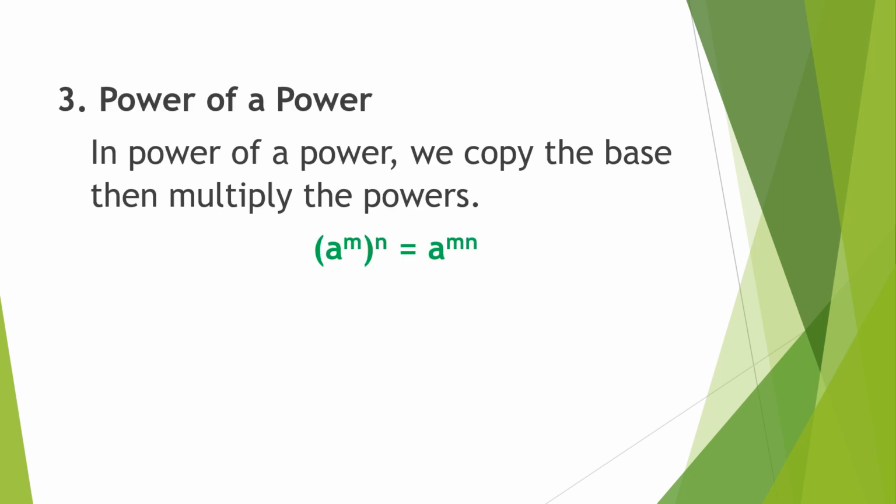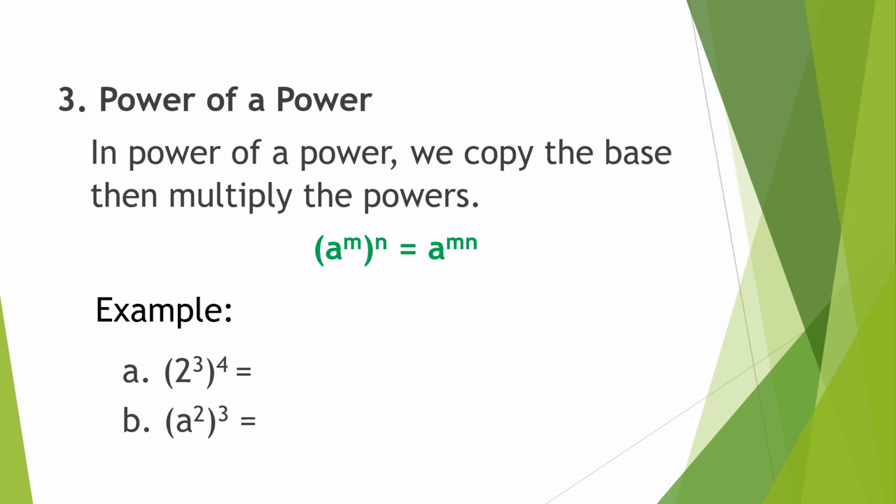Number 3. Power of a power. In power of a power, we copy the base, then multiply the powers. The quantity a raised to m, raised to n, is equal to a raised to m times n. Let's have some examples.